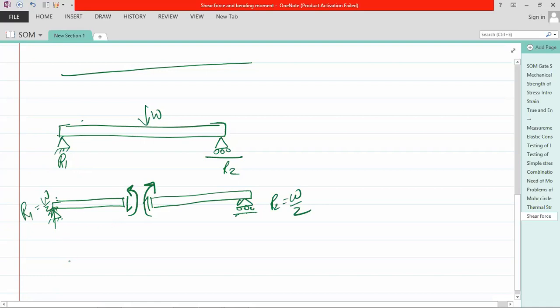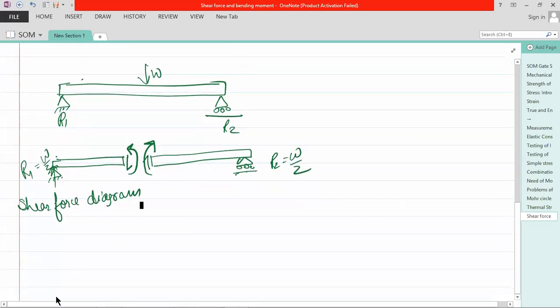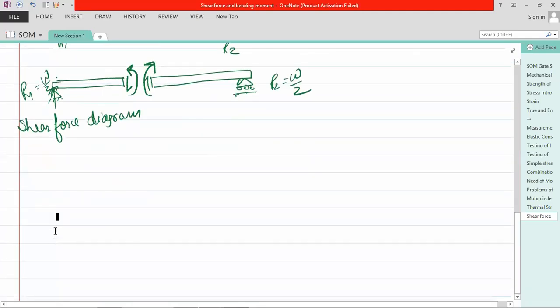Now what is the shear force diagram in this? You draw it like this, and along the length the upward reaction force is W by 2. But here if you balance, suppose this is tau 1. Now tau 1 minus W by 2 is equal to 0. That means tau 1 is equal to W by 2.